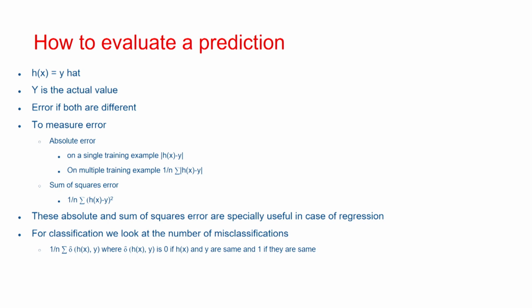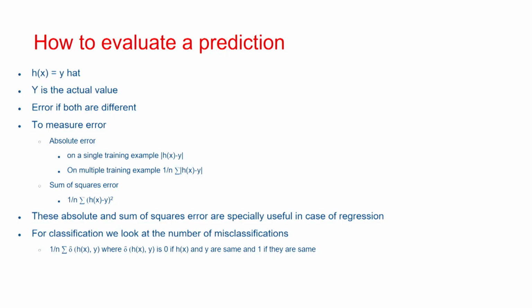These absolute or sum of squares errors are especially useful when we talk about the regression problem, because in regression we know the values that we are predicting are continuous values, and if the predicted value is different from the actual value, that difference is the error, and we can find either the absolute error or sum of squares of error.